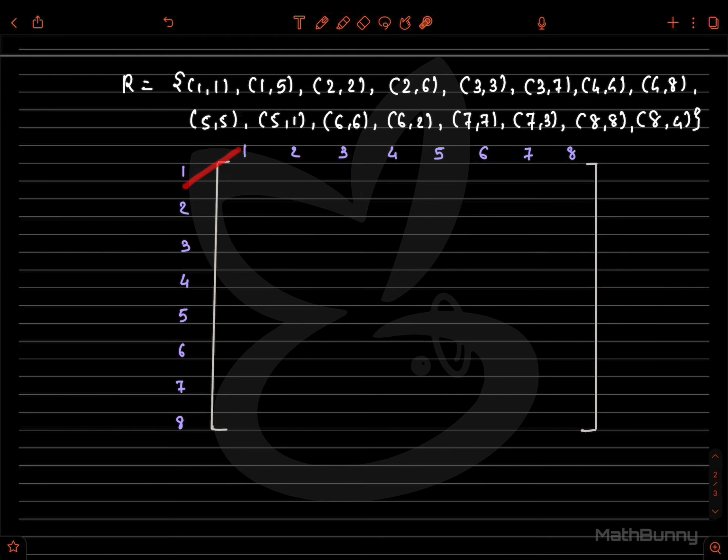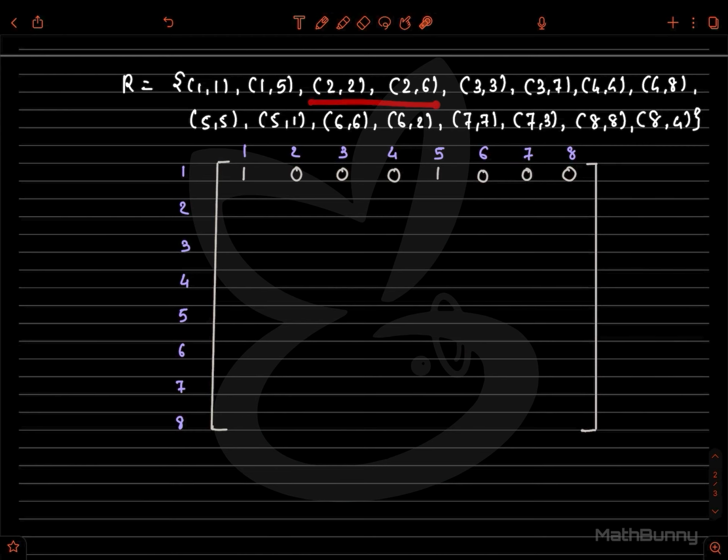So, (1, 1) is present and (1, 5) is present. So, we are going to write 1 in place of (1, 1) and (1, 5). All the other elements from the Cartesian product are not present in R. So, we will write 0 in place of all of them.